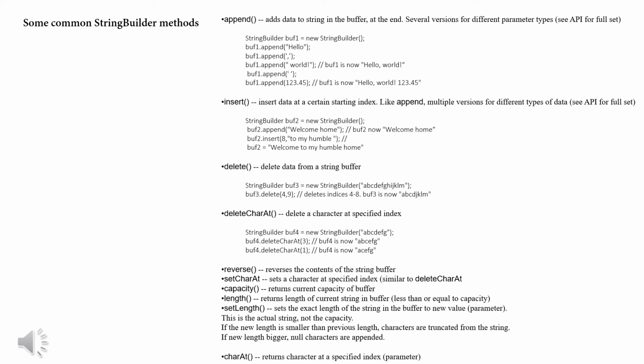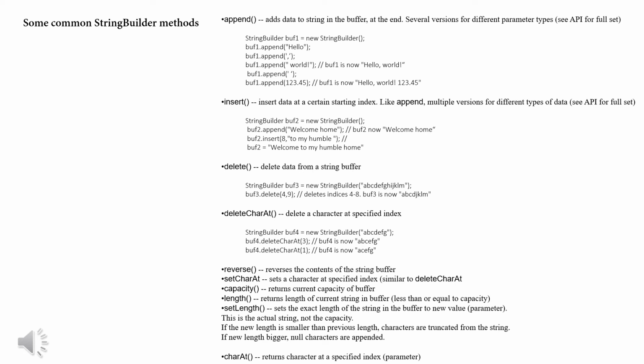For example, here we have buffer3 as a string with the value A, B, C, D, E to M. What we want to do is delete the substring between index 4 to 9, right?